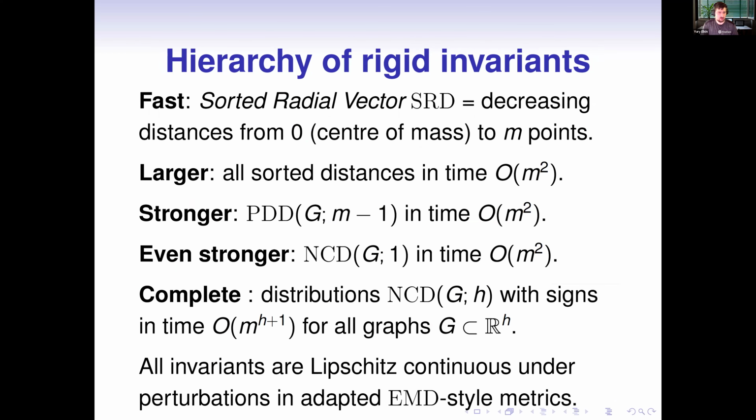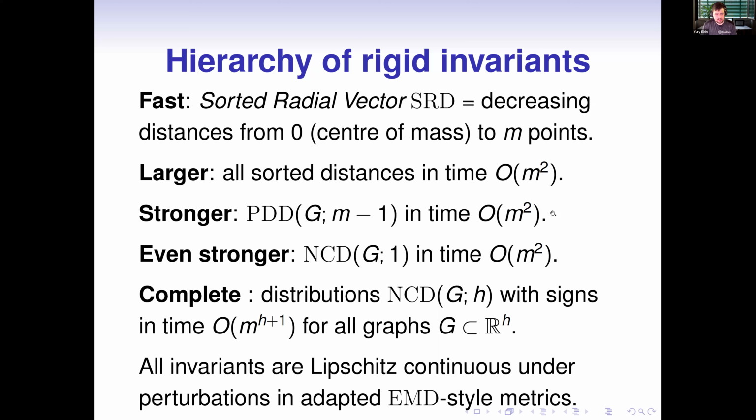And so here is just the summary of those. The sorted radial distance vector is fast to compute. Then we have this SDV that is a bit harder, but also contains much more information.